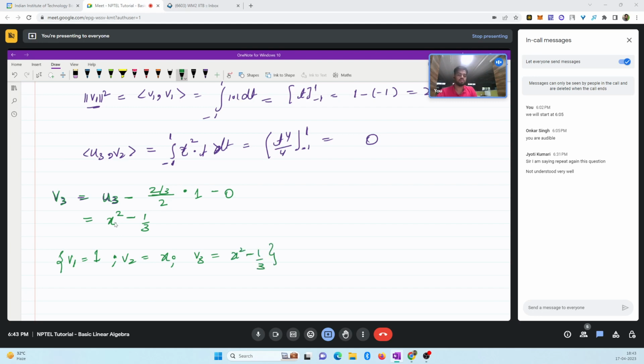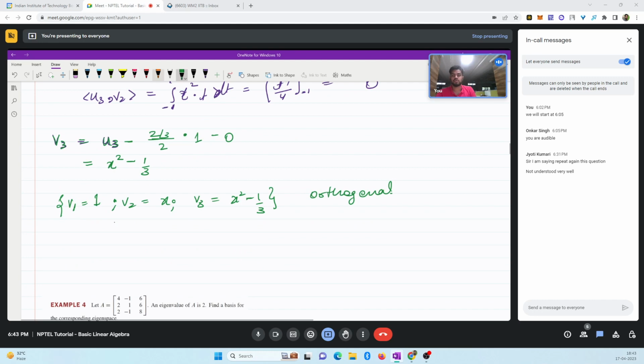Okay, this is the orthogonal basis. Now how to convert this to orthonormal?